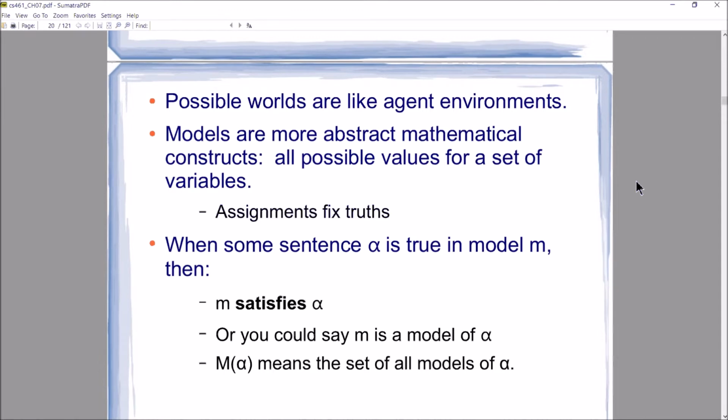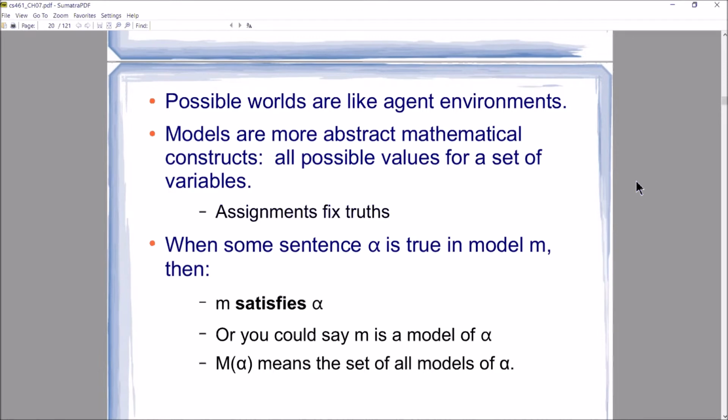Okay, so if we say M satisfies alpha, that means that sentence is true. Whatever values we assign to those variables makes that sentence true, right? And those values assigned to those variables represent one possible model, one possible world. Okay, so another way of putting it is you could say M is a model of alpha, right?